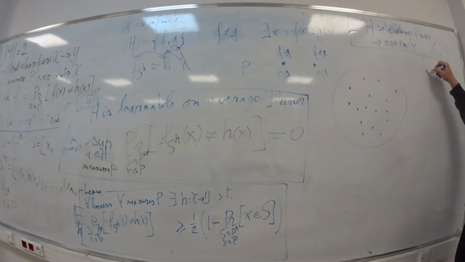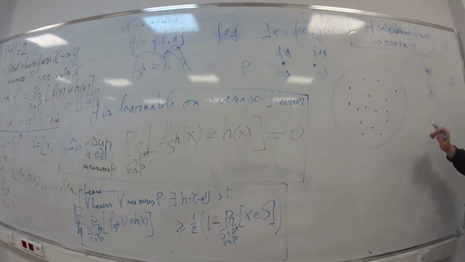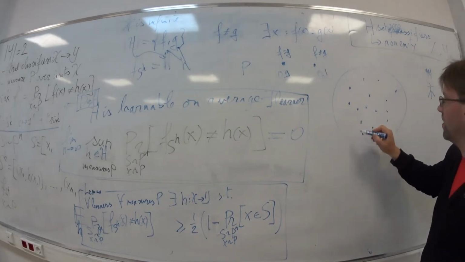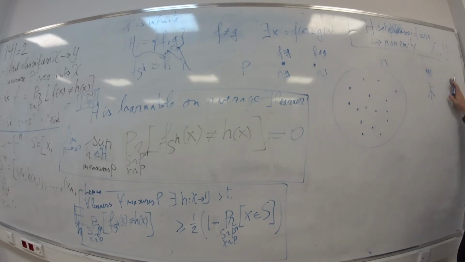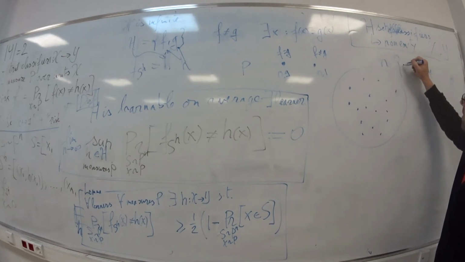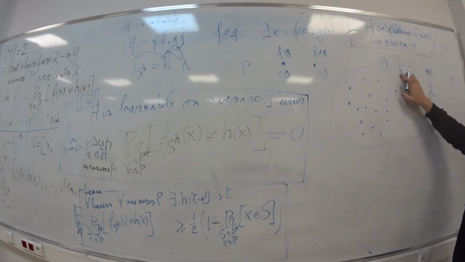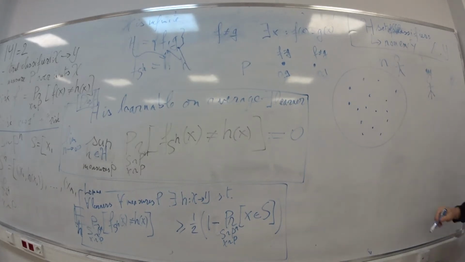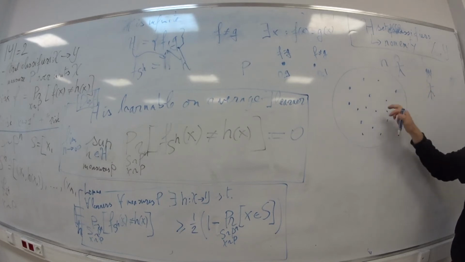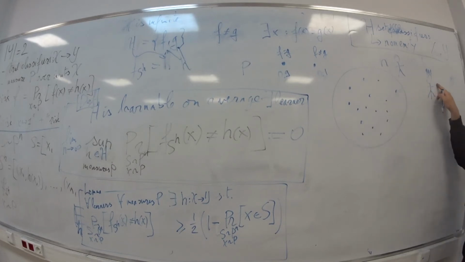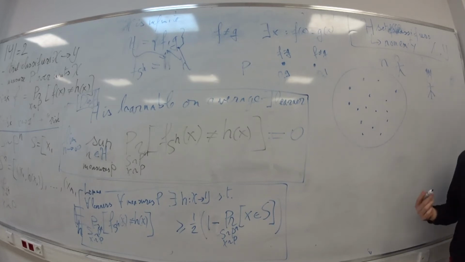So here is the king, and here is the food taster, and the king decides to do the following. He gives n random candies to the food taster, and if the food taster does not get poisoned, then he takes one random candy and eats it himself. And now the question is, can we bound the probability that the king dies?